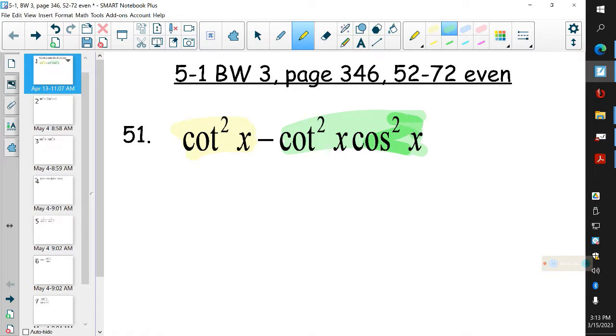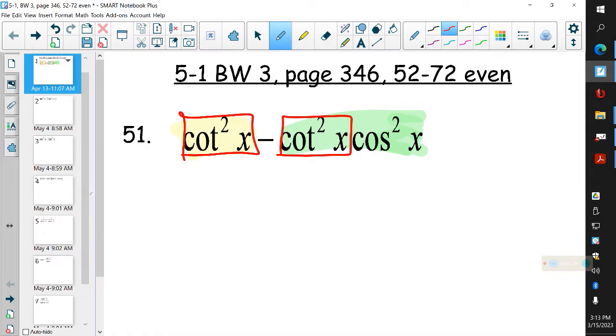What is in common between the first term and the second term? If you said cotangent squared, you are right. If I pull out a cotangent squared of x, what remains? Cotangent squared divided by cotangent squared is 1, and what remains on our second term is a cosine squared of x.